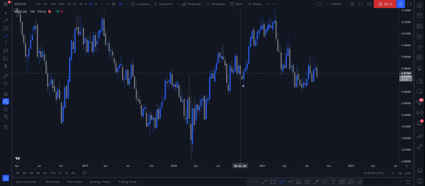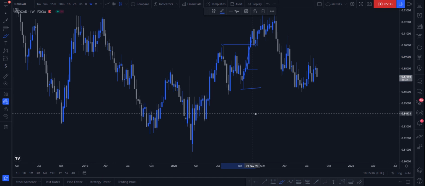And as price went higher, it was this particular last move candle that actually pushed to the upside, breaking this particular structure, right?